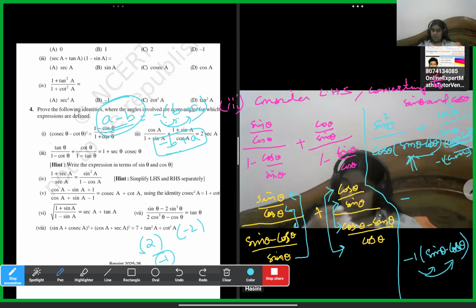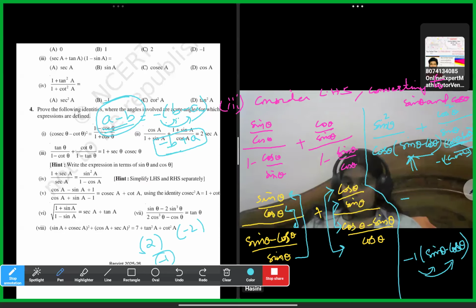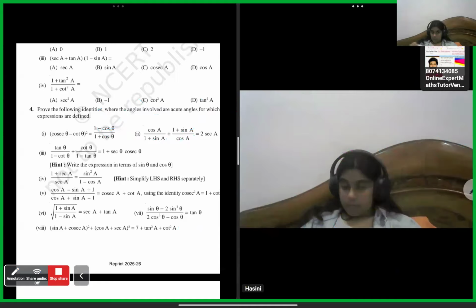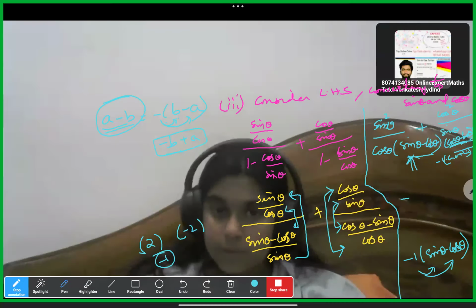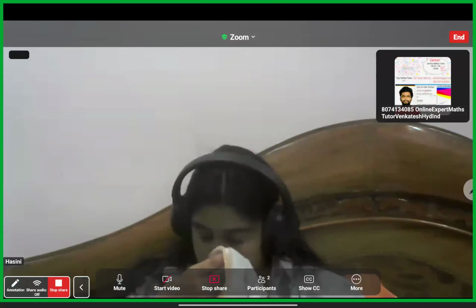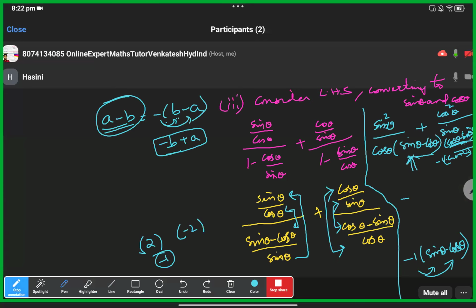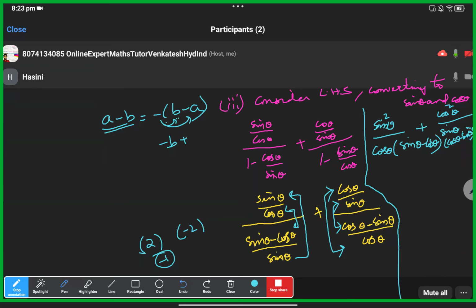We get minus sin theta plus cos theta, which is nothing but cos theta minus sin theta. So this is the important step for this sum. What I am doing is taking that minus 1 common in the denominator for the second part, and I'll make it look like sin minus cos.